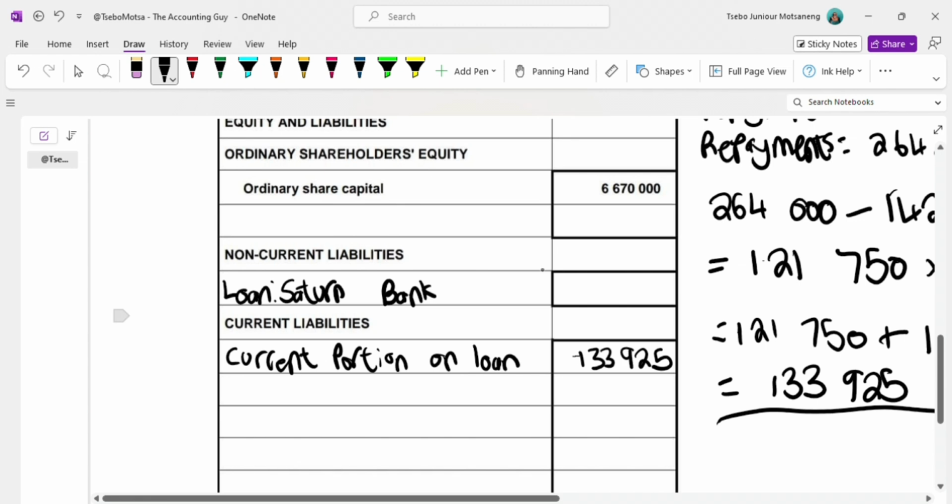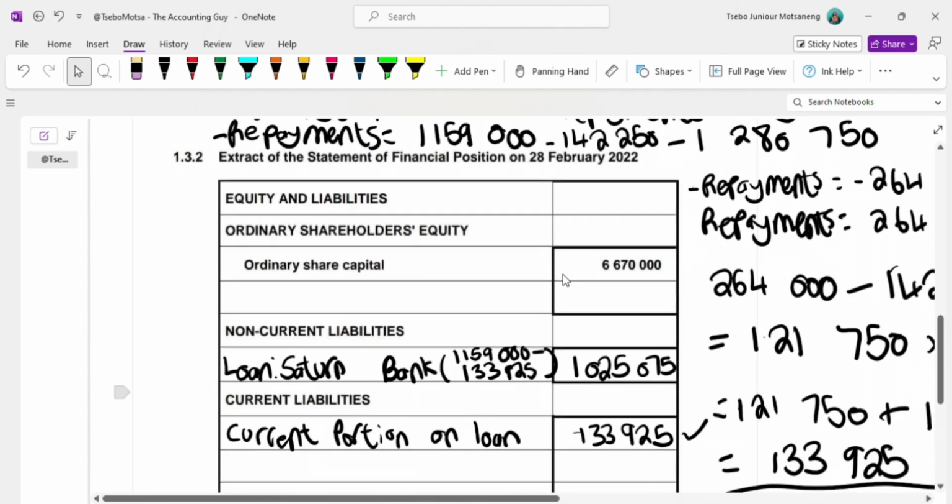And then for my loan from certain bank, or what I have to pay beyond the next 12 months, which is my non-current liability, here I'll just have my closing balance, which is 1,159,000, and I'm going to remove the current portion on loan, which is 133,925. That gives 1,025,075. So basically that's how we deal with a loan.